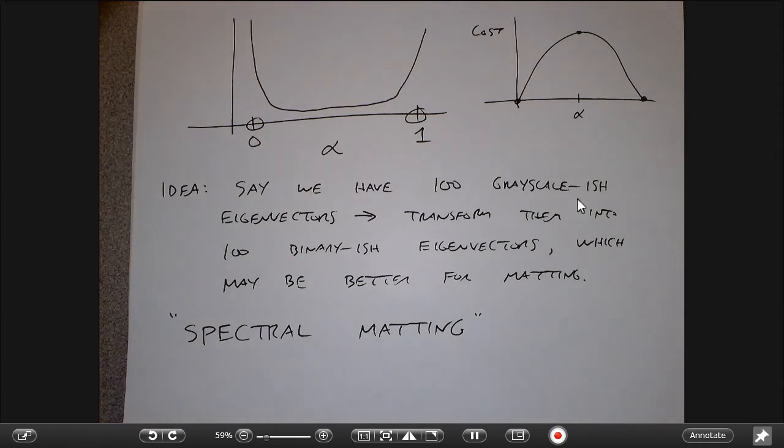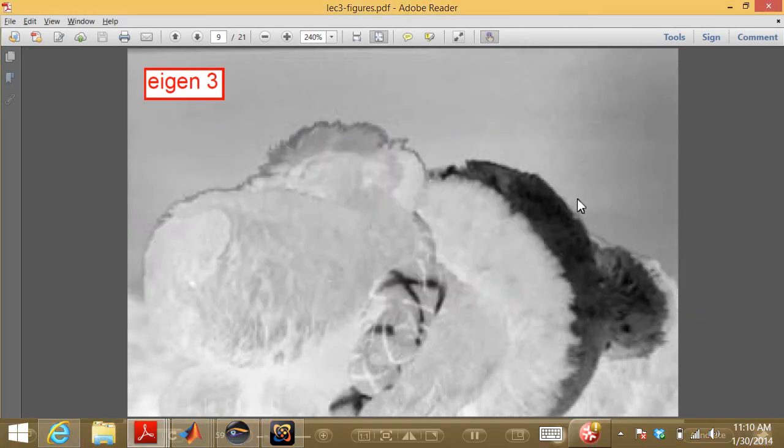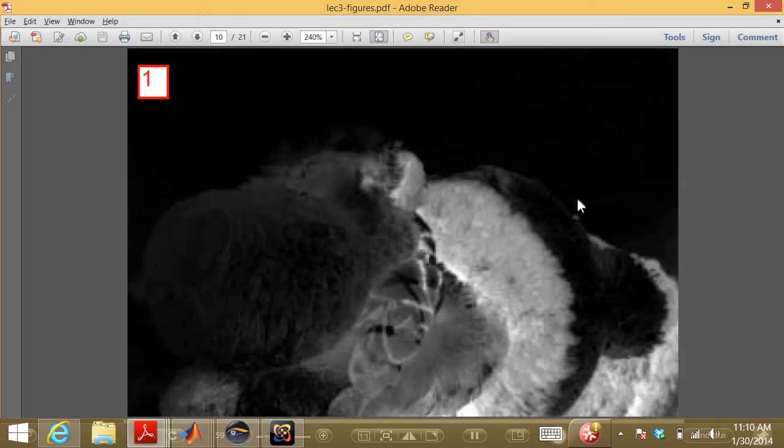And so the nice thing is that when you look at the results, if I reshuffle the eigenvectors to be as binary as possible, these are the results of that algorithm. Here you can see the first binary-ish image. Hey, actually, this isn't a great mat either, but it has some promising properties, right?